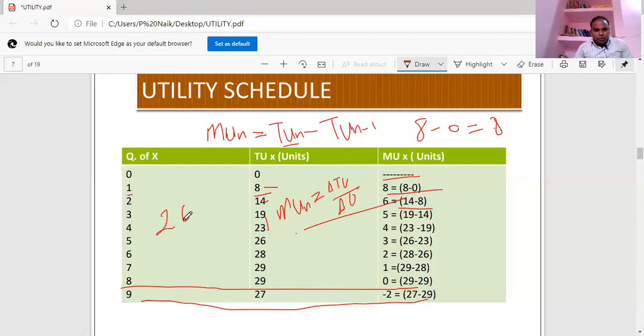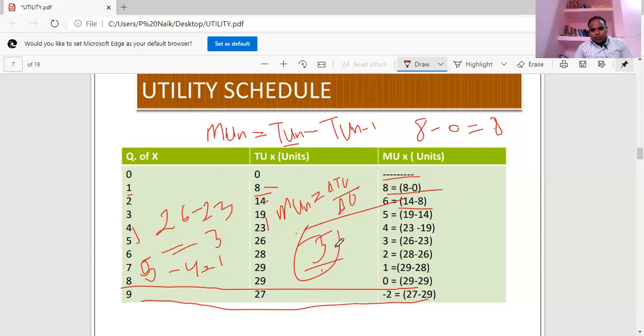According to this formula, 26 minus 23 equals 3. The change in total utility here is 3, upon the change in quantity, 5 minus 4, which is 1.